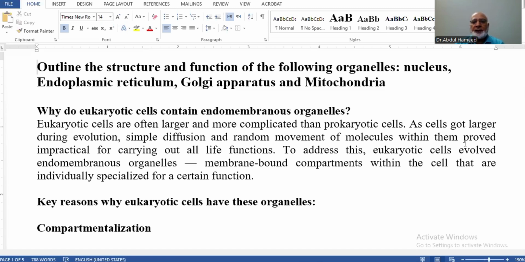So, in order to overcome this problem, eukaryotic cells have evolved endomembranous organelles, meaning membrane-bounded compartments within the cell that are individually specialized for certain specialized functions.